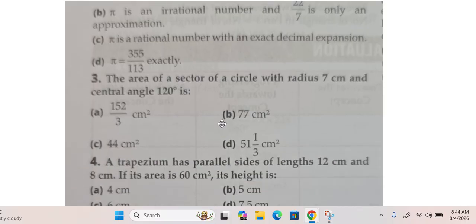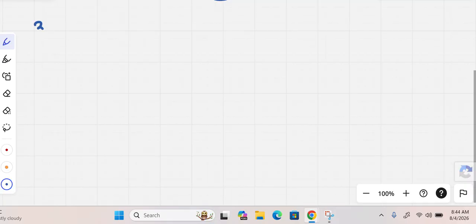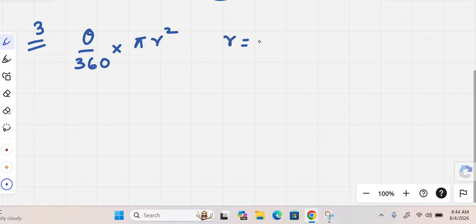Third, the area of sector of a circle with radius 7 centimeter and center angle 120. Third question, please check properly, which is the formula theta by 360 into pi r square. Here we are given radius is 7 and theta is 120.